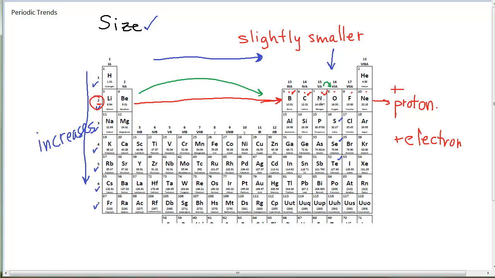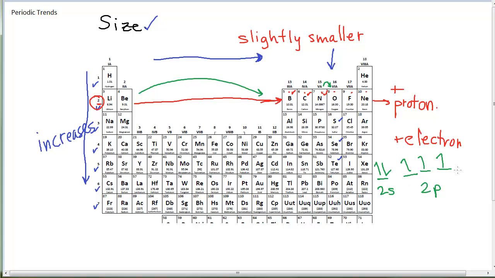subshell. So for example, with nitrogen, I've filled 3 electrons into my 2p subshell. That exactly half fills it. Remember that according to Hund's rule, those individual electrons are in their orbitals spinning in the same direction.